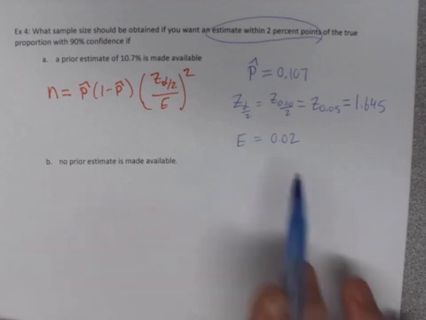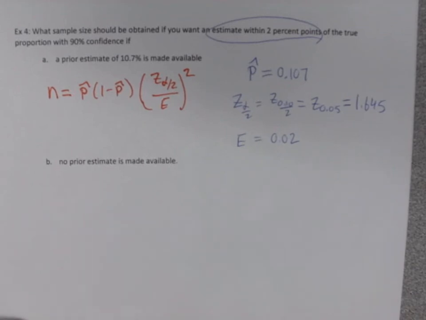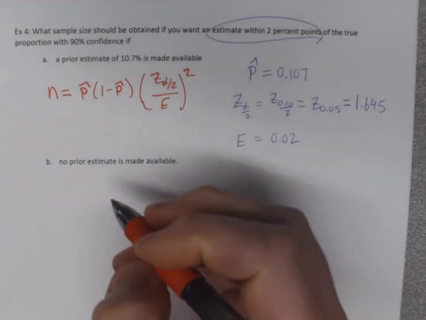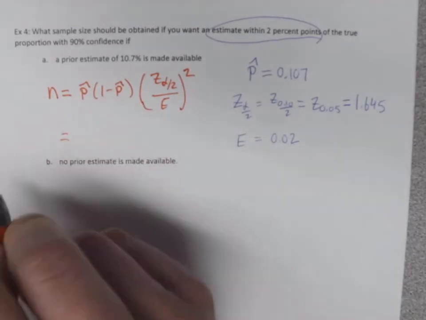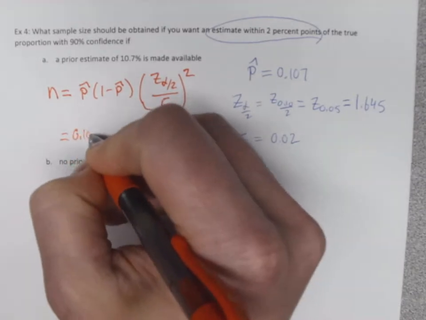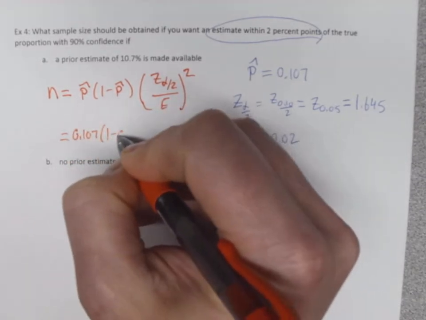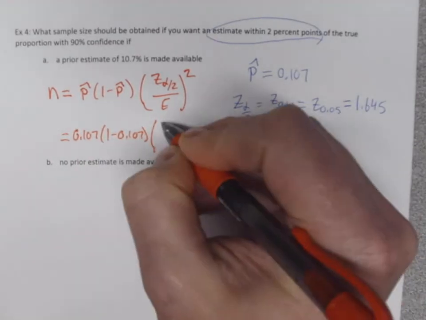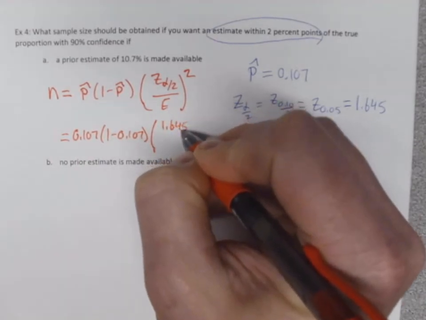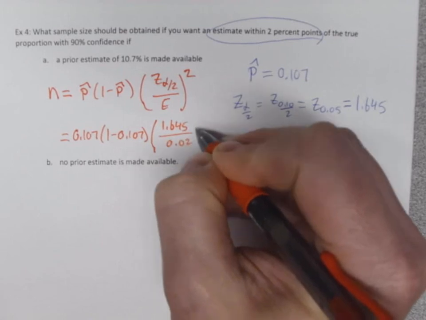Move the decimal over twice, and that gets you 0.02. So now it's just plugging in that value here. Plugging all that in, you get 0.107 times 1 minus 0.107, and then times 1.645 all over E, which is 0.02, and that's squared.